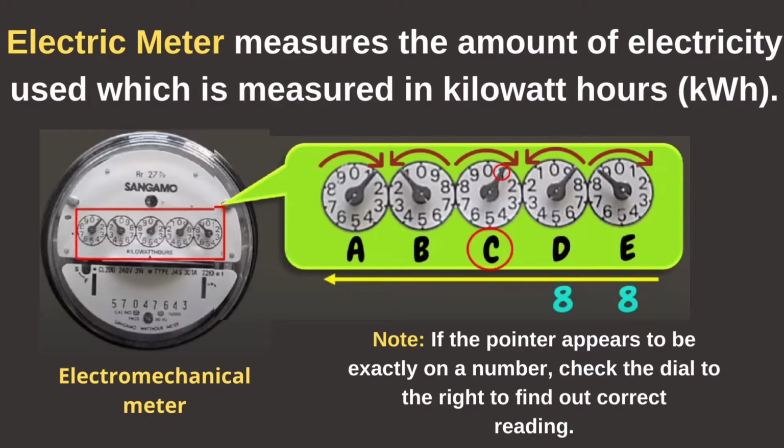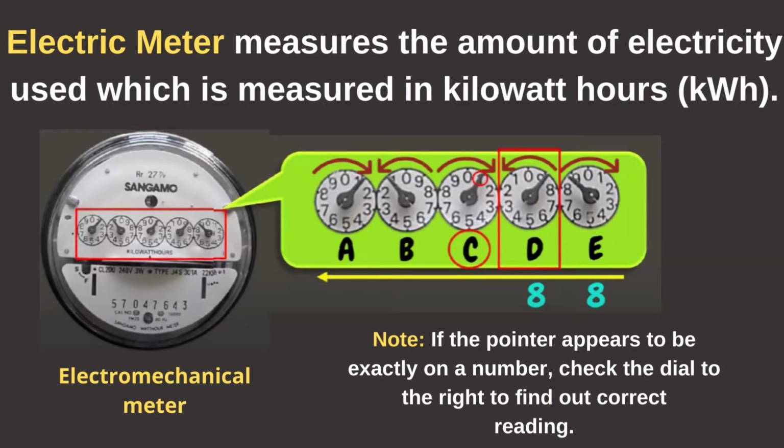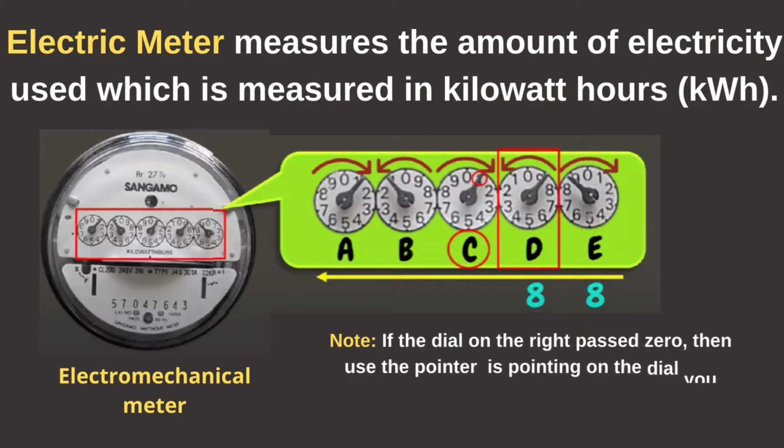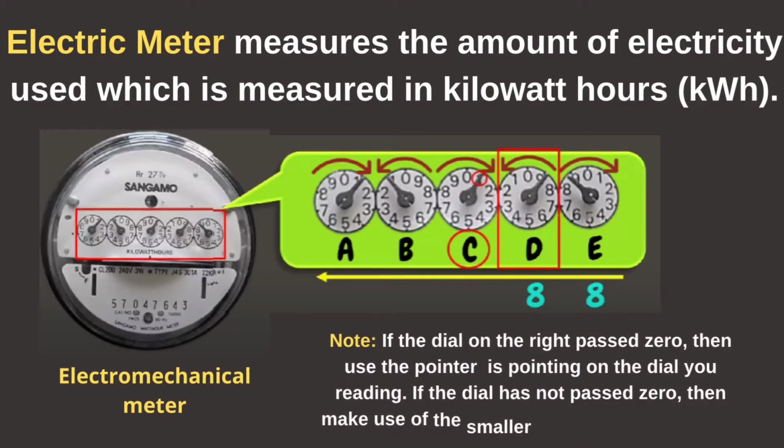We need to take note: if the pointer appears to be exactly on a number, check the dial to the right to find out the correct reading. Here, the dial to the right of dial C is dial D. We also have to take note that if the dial on the right has passed 0, then use the number the pointer is pointing at on the dial you are reading. Otherwise, make use of the smaller number on the dial you are reading.